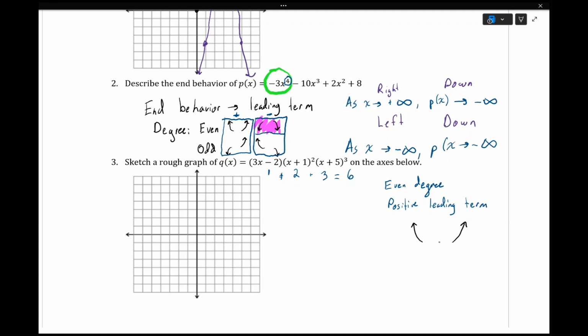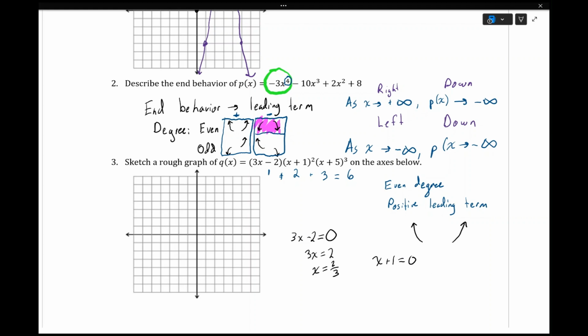If you look at our table on the previous question, that means our end behavior looks like this. Now, a lot of crazy stuff can happen in the middle here. To figure that out, we look at the zeros. And remember, zeros and factors go hand in hand. I just solve where each factor is equal to 0. 3x minus 2 equals 0 when, let's see, that means 3x equals 2. So x equals 2/3. I'll solve where x plus 1 equals 0.